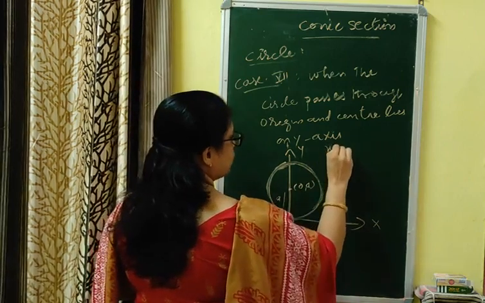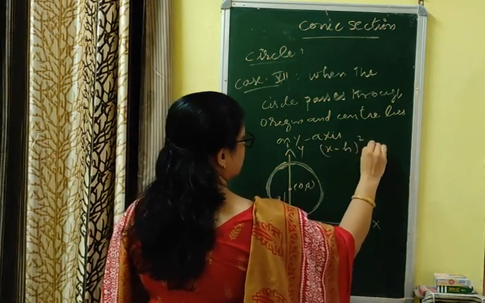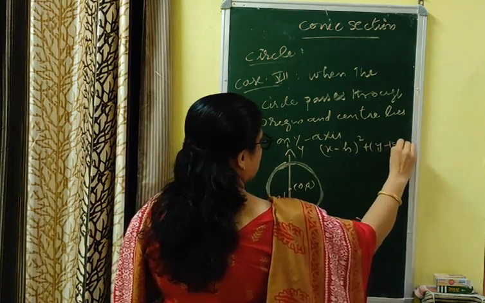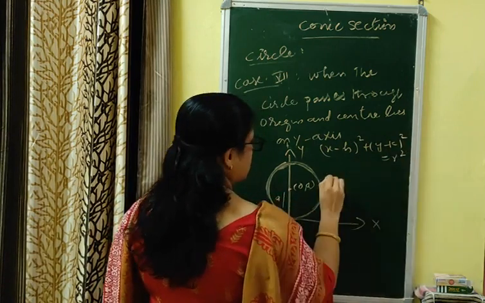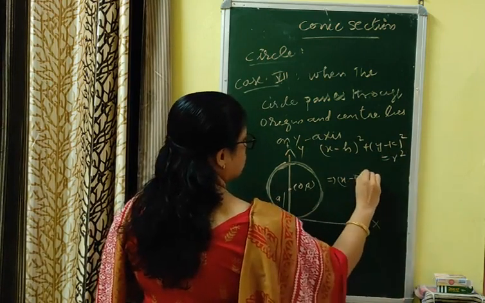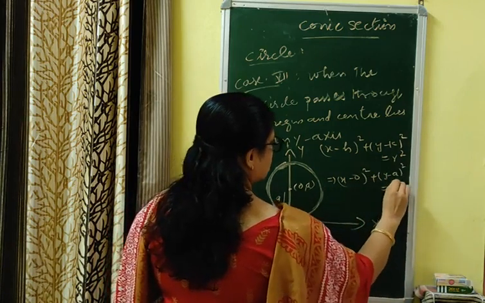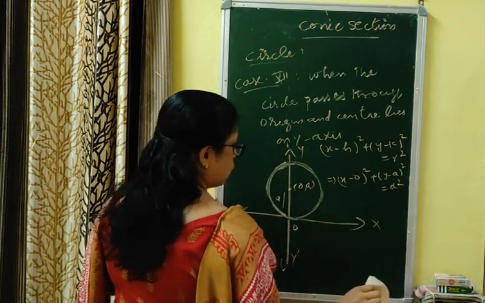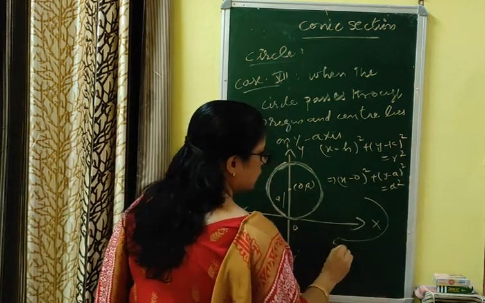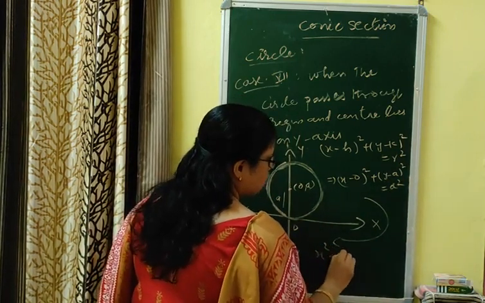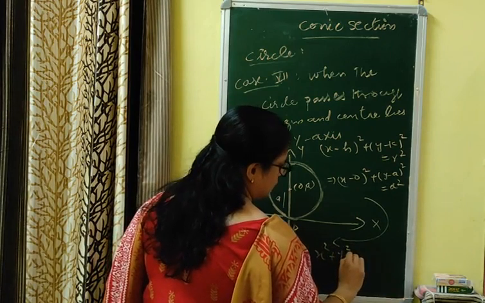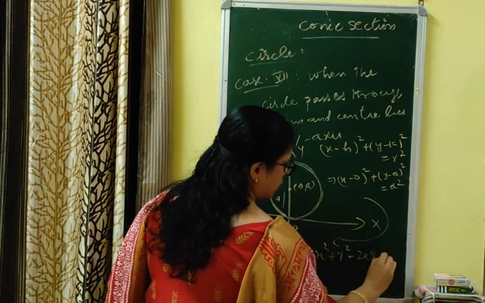By the central form, (x minus h) whole square plus (y minus k) whole square is equal to r square. You will get (x minus 0) whole square plus (y minus a) whole square equal to a square. Now that becomes x square plus y square minus 2ay equal to 0.